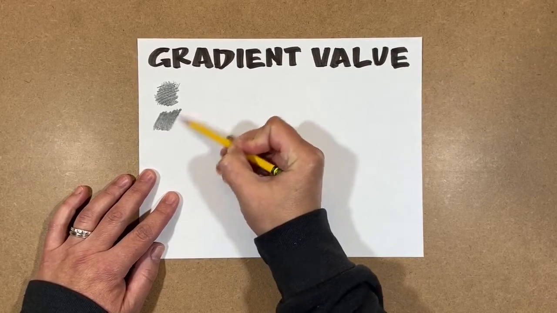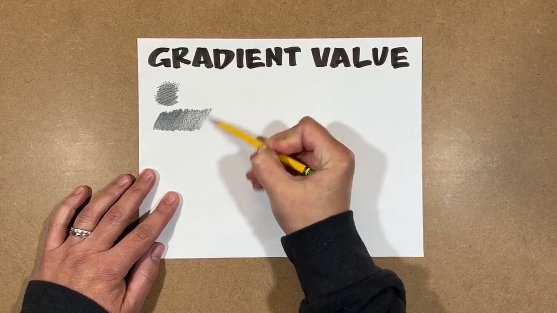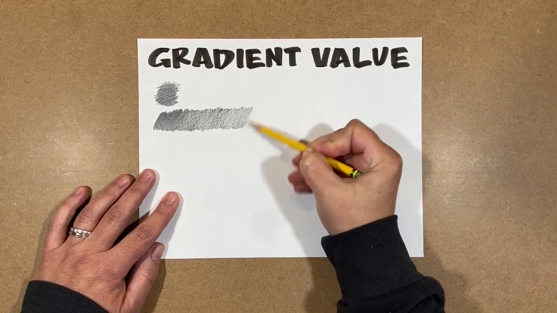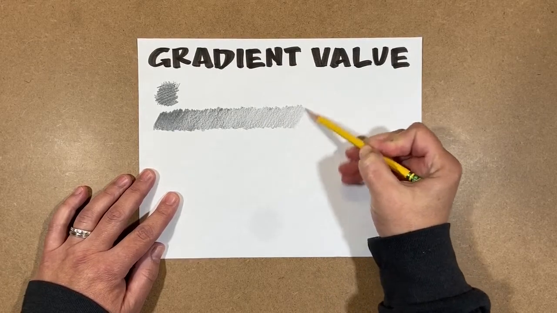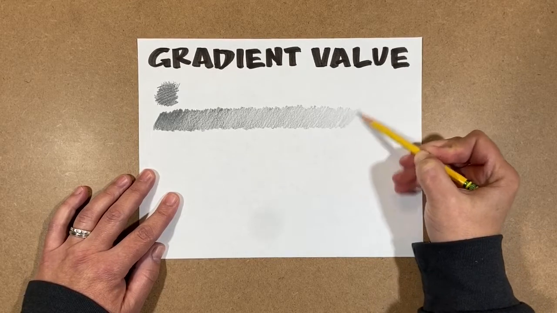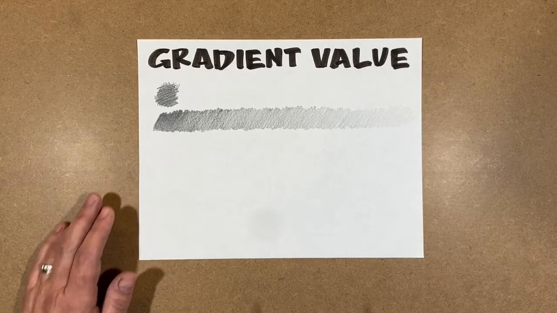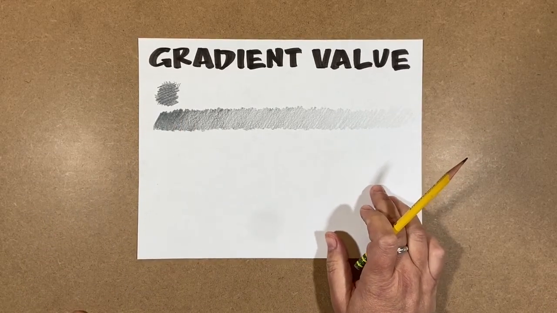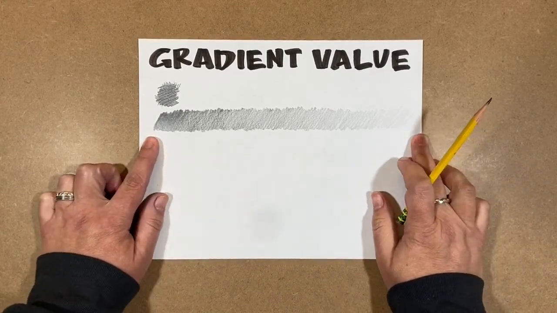And then without picking up my pencil, I am gradually changing the pressure in my hand and picking up the pencil a little bit off of the page, but I'm continuously going. And there we go. That whole time I didn't pick my pencil up, and I kept moving it.